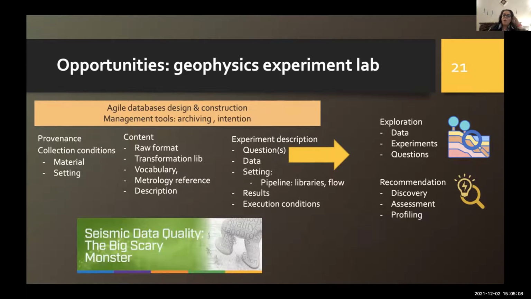Now, just to conclude, there is the part of curation that requires the Marvel superheroes to come and help us. Because in the geosciences domain, you have a lot of data controlled by many different organizations, produced in many different conditions.